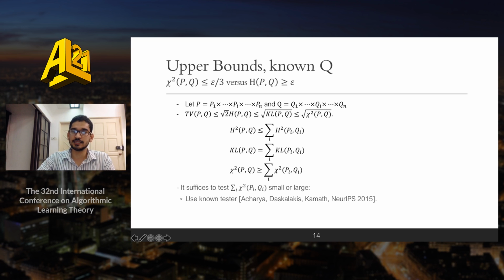For the KL distance, it is exactly additive, and for the chi-square distance, it is super-additive. So using these three facts, we show that it suffices to test whether the summation of chi-square distance component-wise is small or large, which we achieve through a known tester.